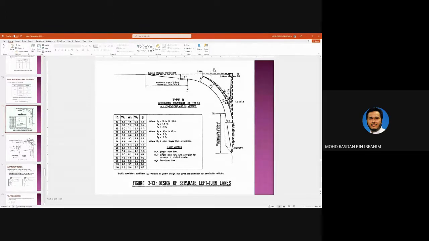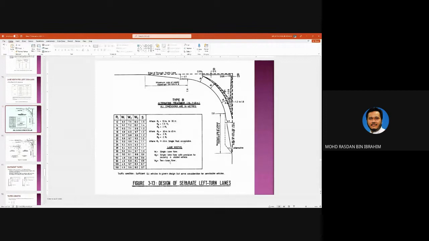W1 is for single lane flow over here. So if radius 1 here is 12 meters, for example, W1 is 6.5 meters if you want to provide for single lane flow. If you want to provide for W2, single lane flow with provision of a stopped vehicle, meaning that one vehicle can park at the side of the road, you must allow 7.5 meters width.